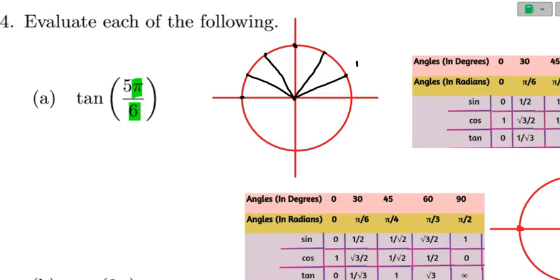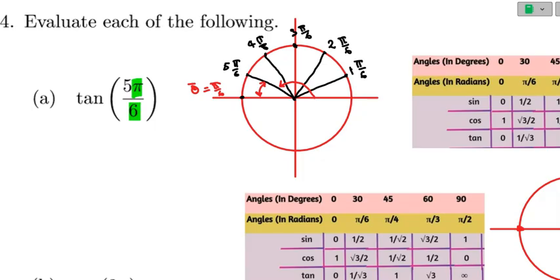So to figure out the values, this is pi over 6, one of them. This is 2 of them, and this is 3 pi over 6 and so forth. And you can see here this is 5 pi over 6. This is your angle, and the technique we use is to look for the reference angle, theta bar, which is pi over 6.